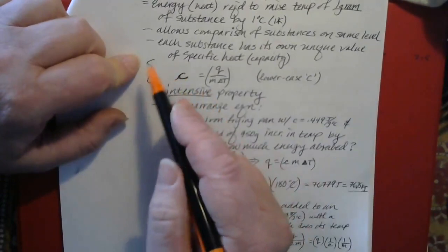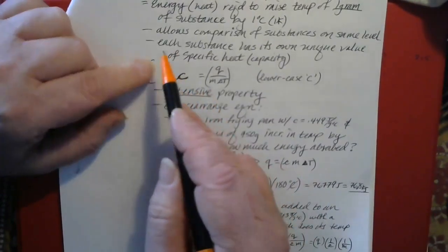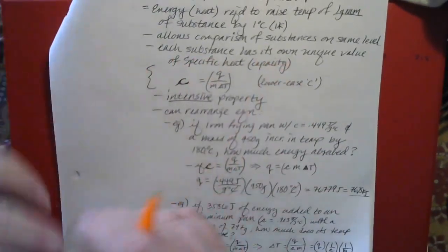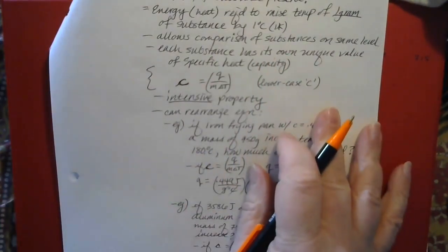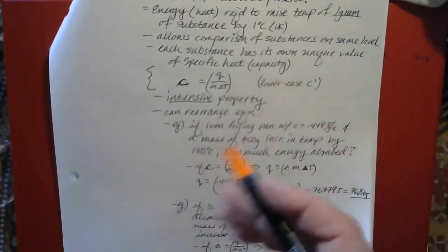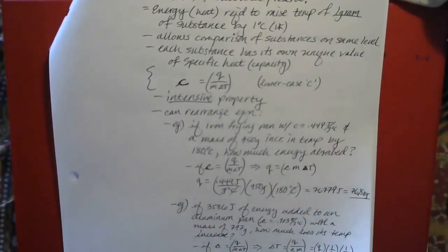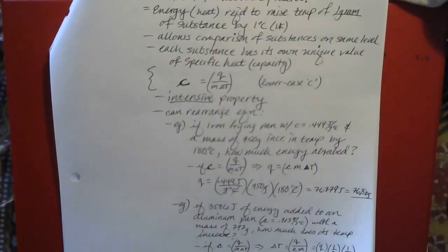Okay, and as it turns out, each substance has its own unique value for specific heat. And that means that you can, in some cases, identify a substance or at least narrow down what it might be by finding its heat capacity and comparing it to known values. Since every substance has its own unique value for specific heat, by this time they're all known and they're all listed in tables.